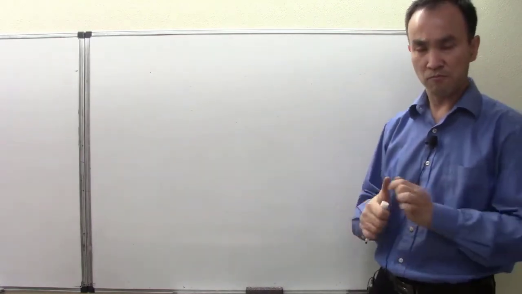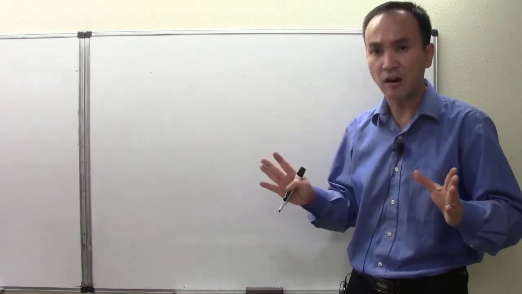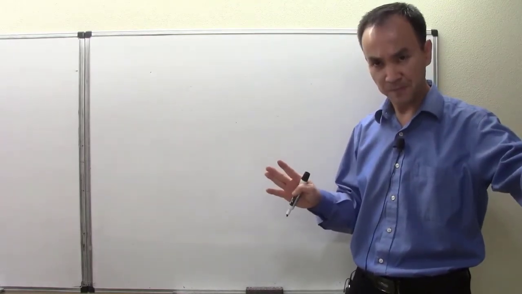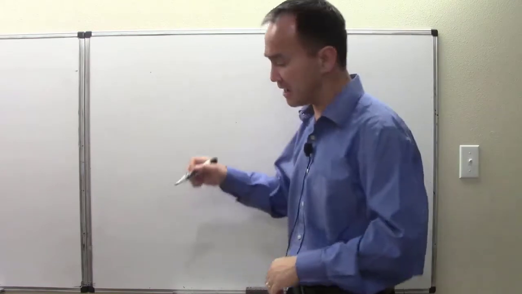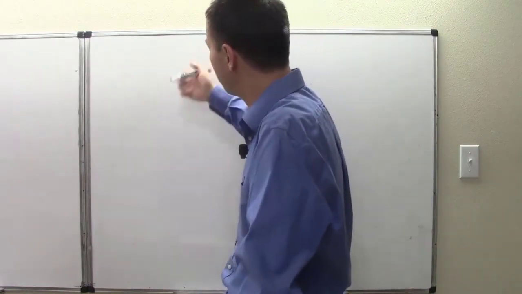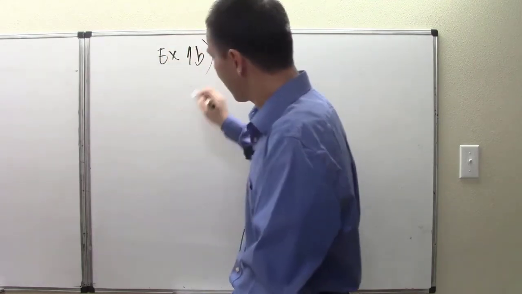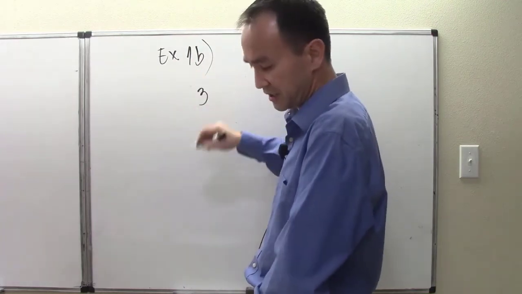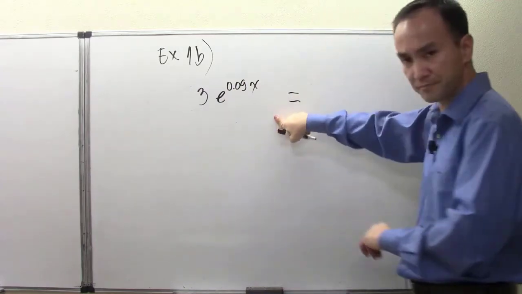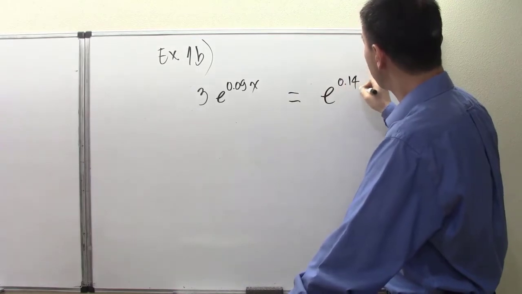So we have already learned, prior to learning about logarithms, about an exponential function. Let's say in part B of example 1, the equation we had there was 3 times e to the 0.09x equals e to the 0.14x.